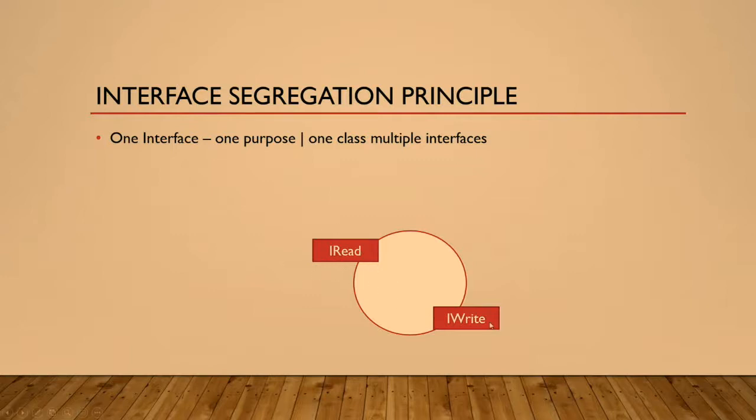The other component only writes data and does not need to know any of the data to read, so it just uses the IWrite interface. With this, it's easier to debug or to prevent bugs, because you never call a method which is not intended, because the interfaces are so small that they only provide very few methods.